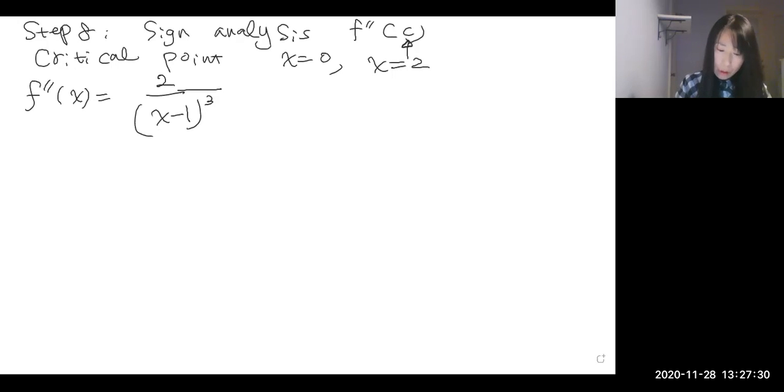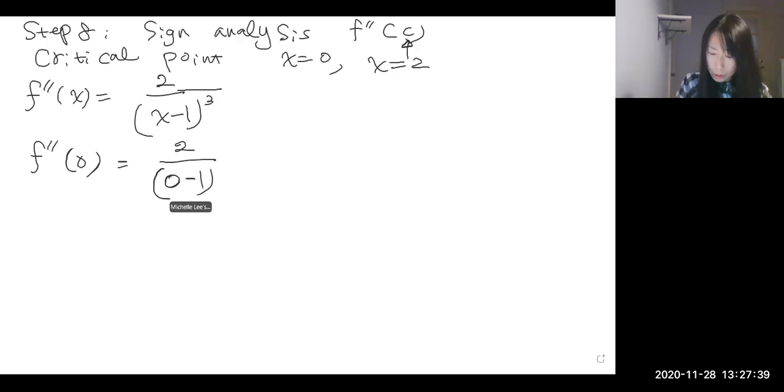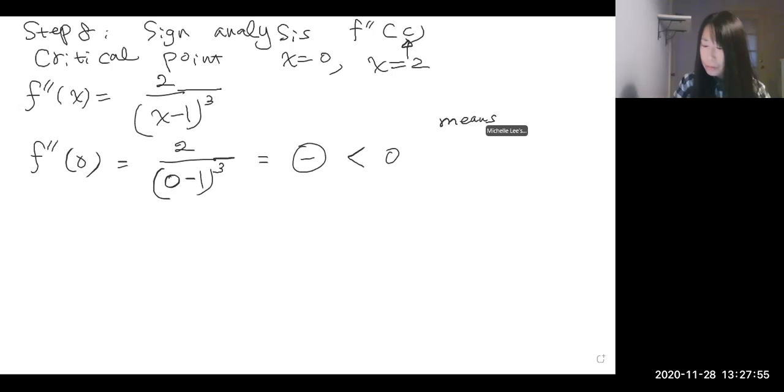Now, we're going to input 0 and 2 over 0 minus 1 cubed, which is negative, right? This will be negative. Negative means below 0, right? Below 0 for the second prime means concave down, sorry.